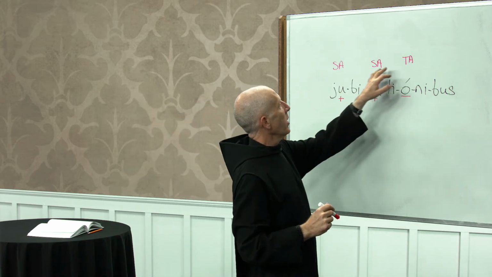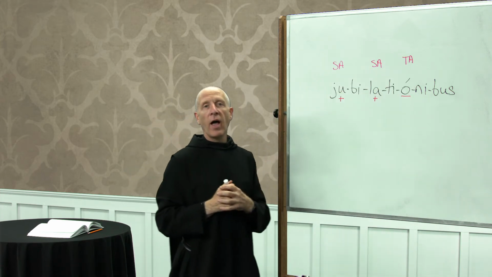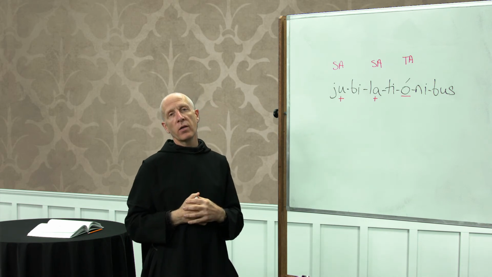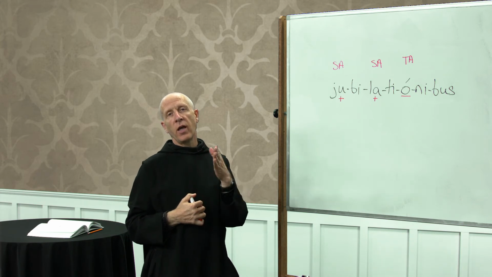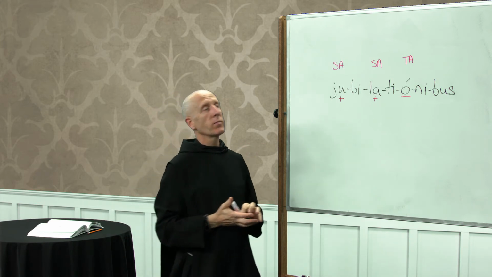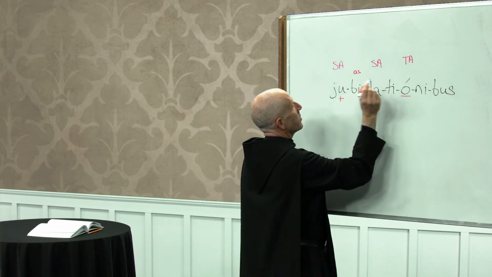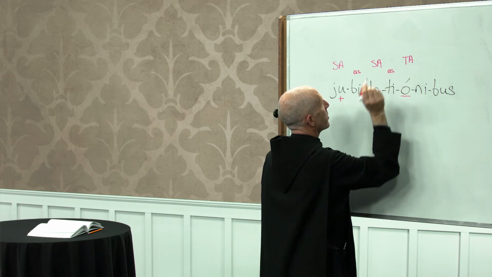Between the secondary accents and the tonic accent are atonic syllables. You remember we've encountered that term once or twice before. Atonic is privative. It's not tonic. Atonic, so atonic syllable, atonic syllable.